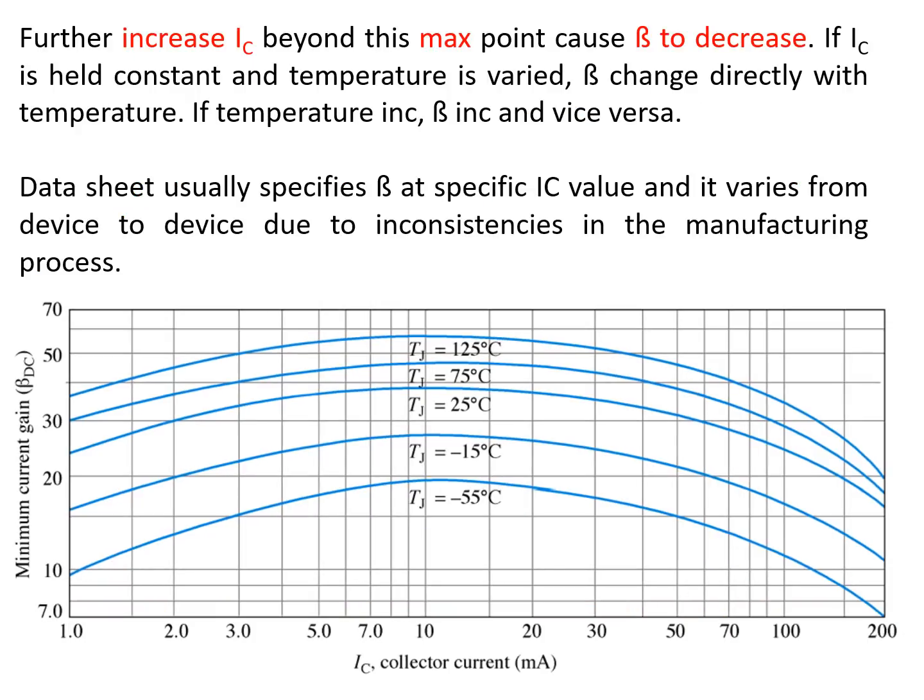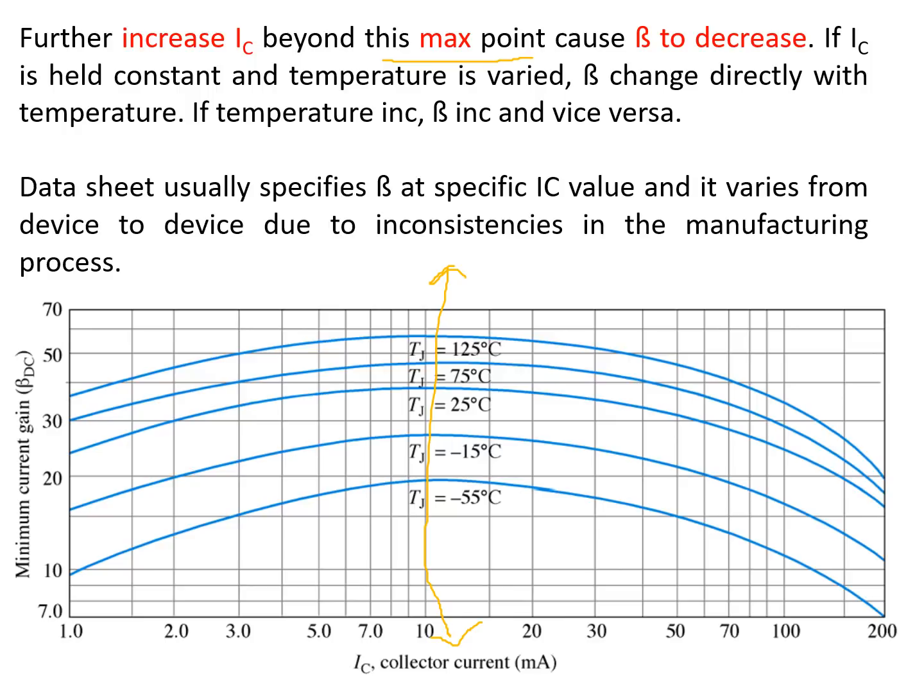Further increase of IC beyond this maximum point will cause the value of beta to decrease.